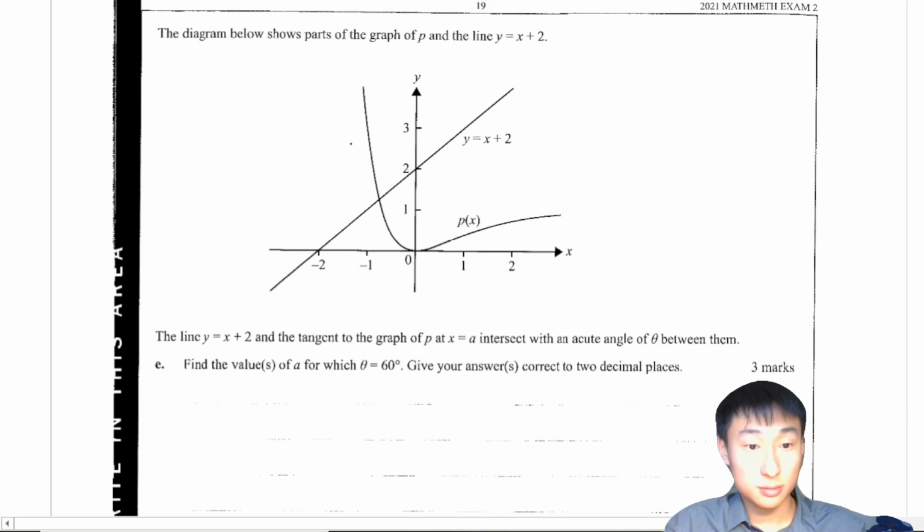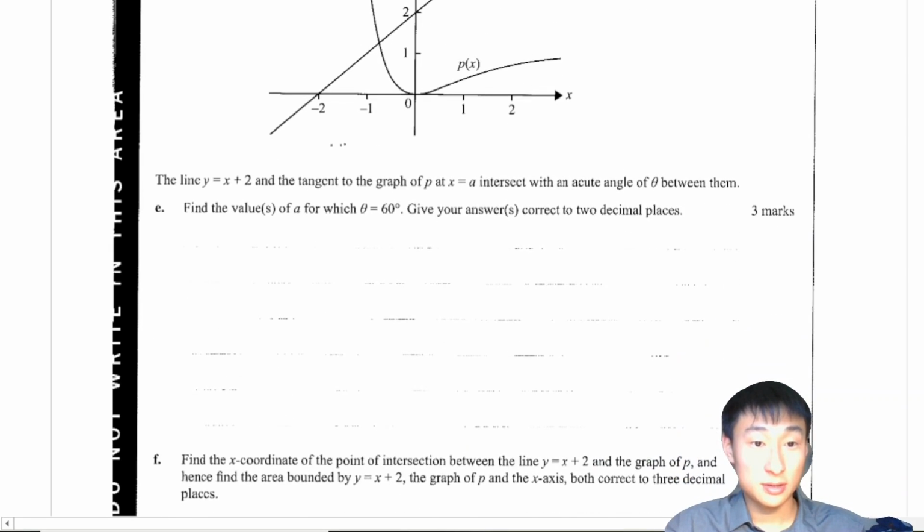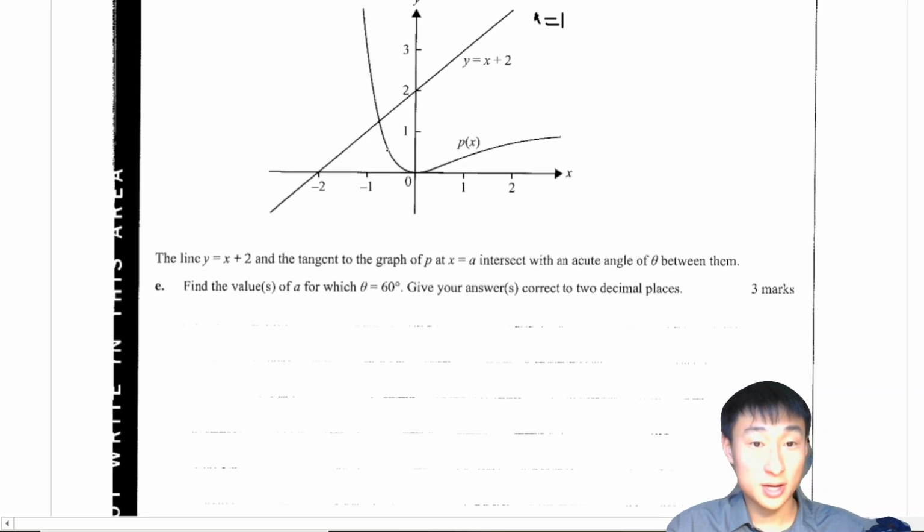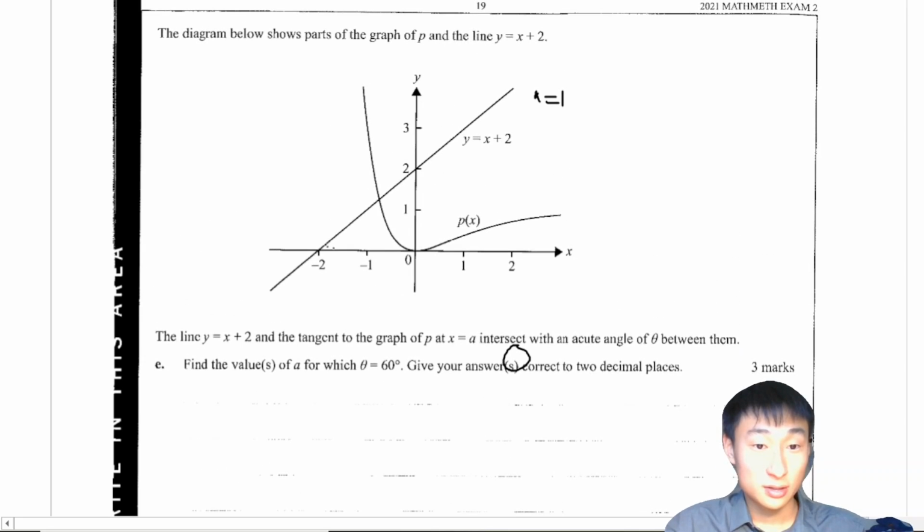Yeah, so okay. No, that's fair. This has gradient 1. So if the angle theta is 60 degrees, there could be more than one answer, so always look at this and be aware of that. 60 degrees could be something like this, where that angle is 15 degrees.